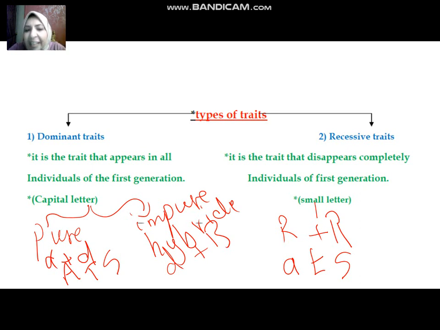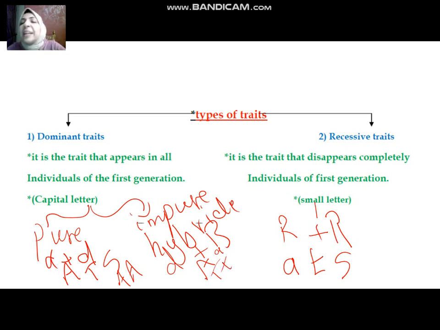So again, for example, to write the genotype of a pure dominant trait, we write it like this: A capital A capital, or T capital T capital, or S capital S capital, and so on. To write the impure or hybrid dominant trait, we write A capital, A small, one dominant gene and another recessive gene, or T capital, T small, and so on.